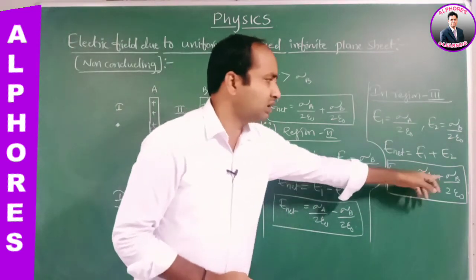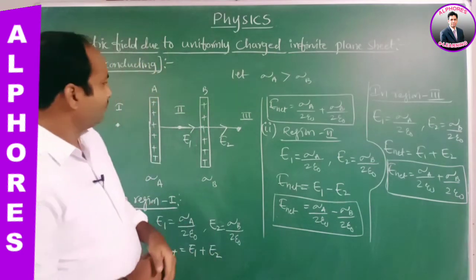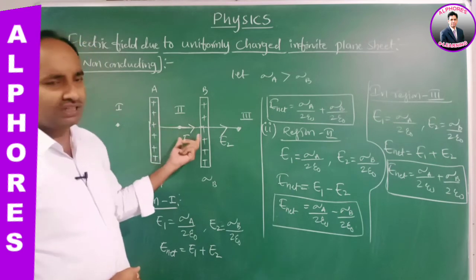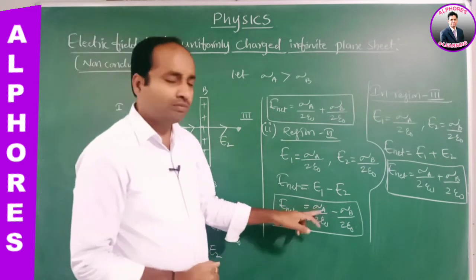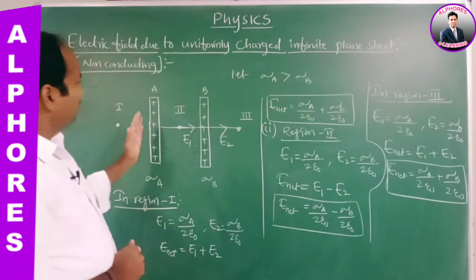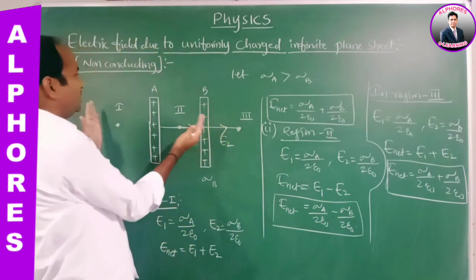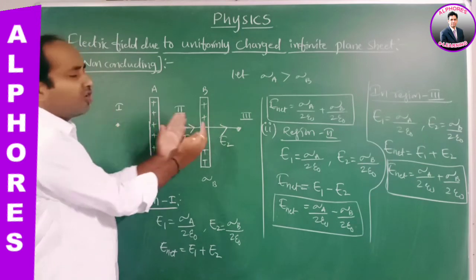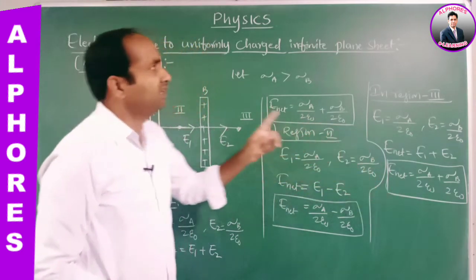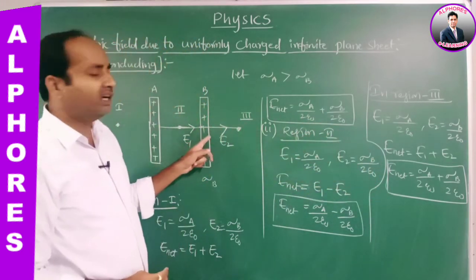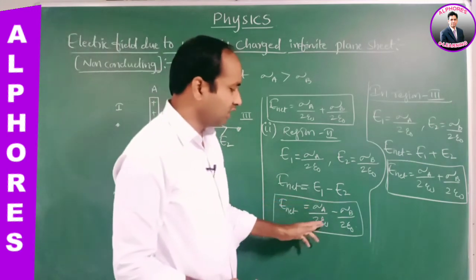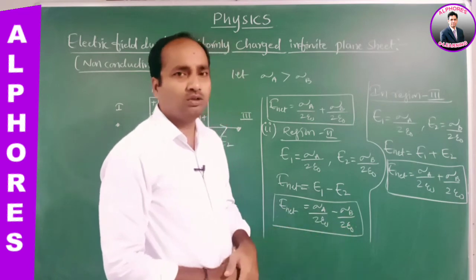But only in between the two metal plane sheets, the value is sigma A by 2 epsilon naught minus sigma B by 2 epsilon naught. Outside the system of two plates, either on the left side of A or the right side of B, the value will be the same. But in between the two metal plates, it is sigma A by 2 epsilon naught minus sigma B by 2 epsilon naught.